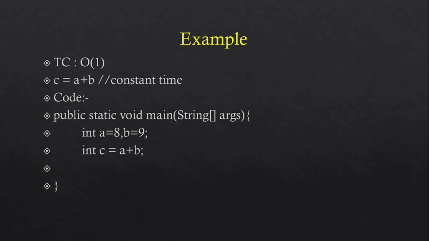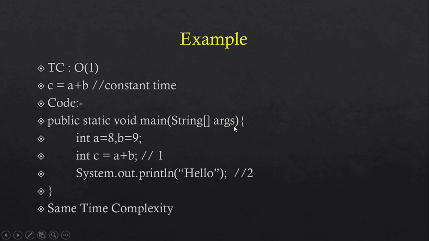Okay, a plus b. Now you can think, what if we have multiple statements? But then also that code will take order of 1 time, because in that code we don't have any for loop, sorting technique or searching technique. We just have c equals a plus b. We just print something. We just calculate something.